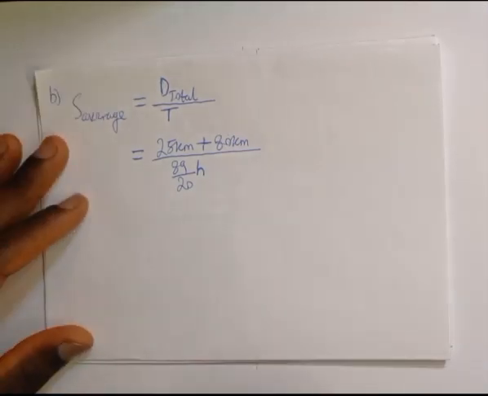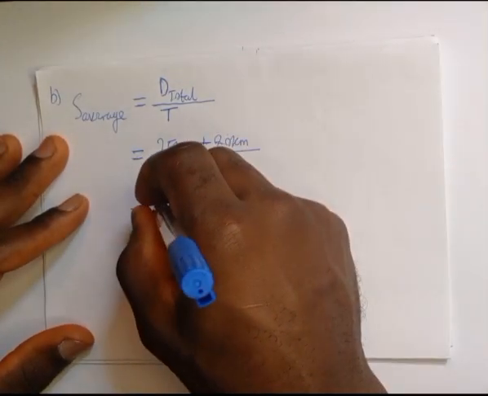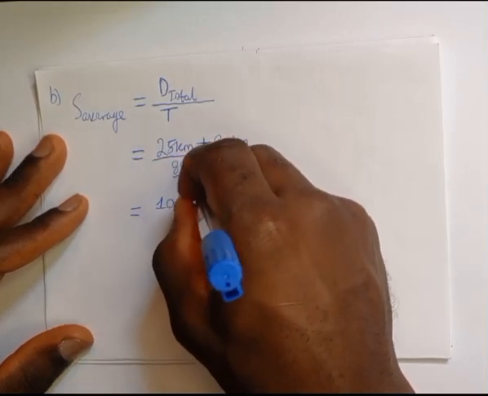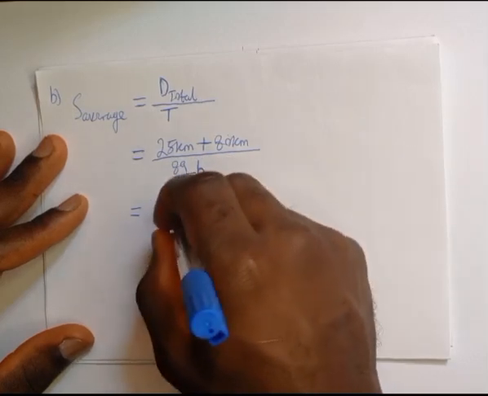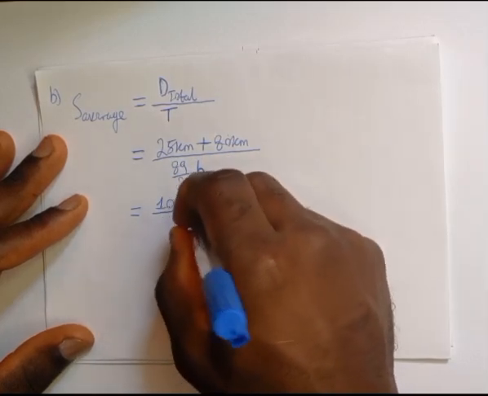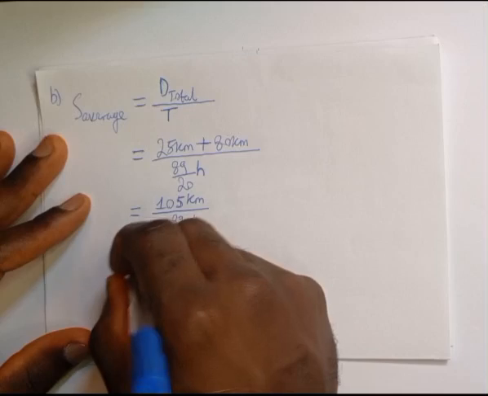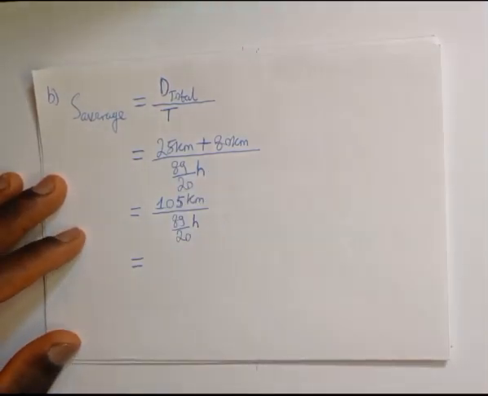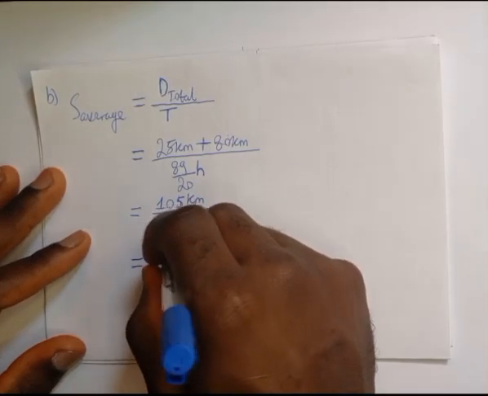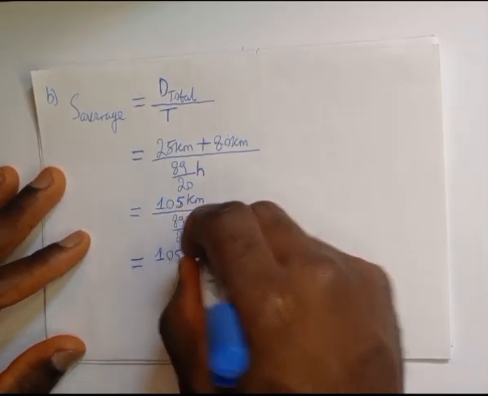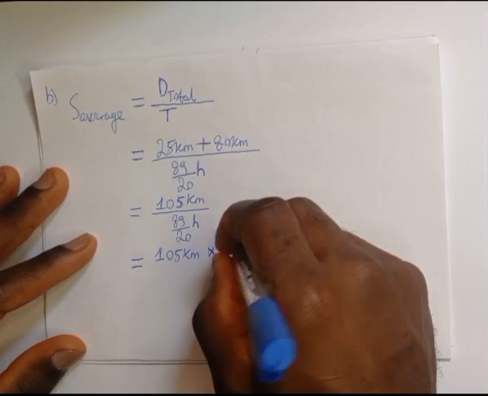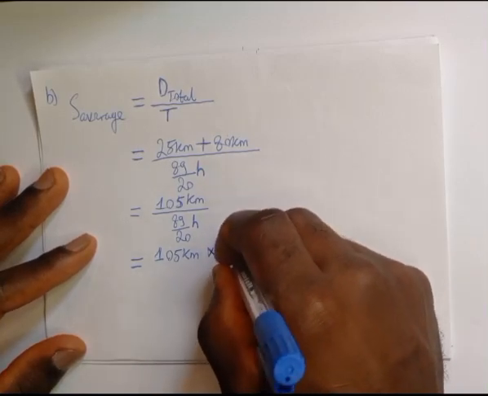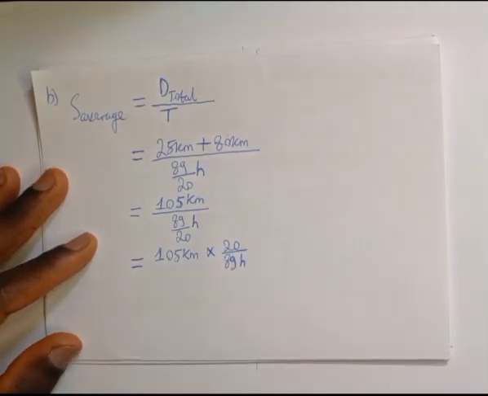25 plus 80 is simply equal to 105. Numerator, we have 105 kilometers divided by 89 over 20 hours. This will simply be equal to 105 kilometers times 20 over 89. Hours will be at the denominator as such.